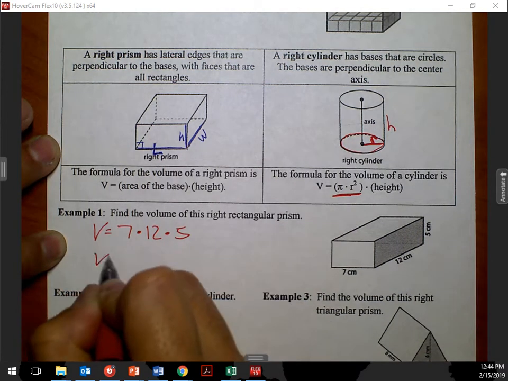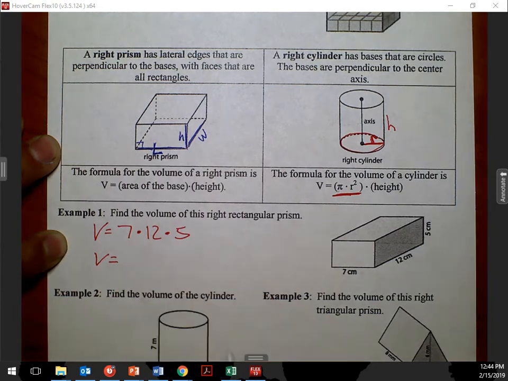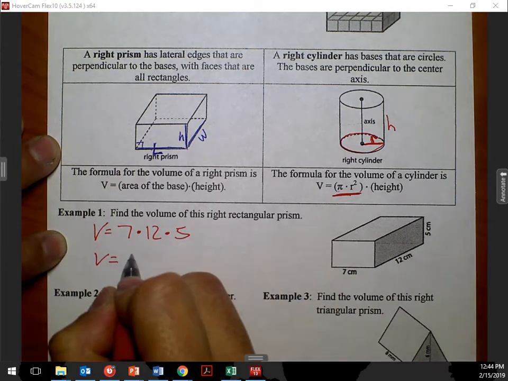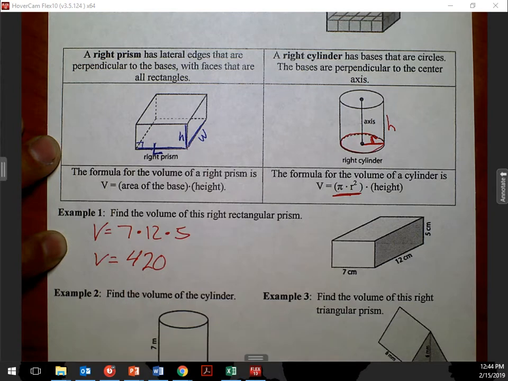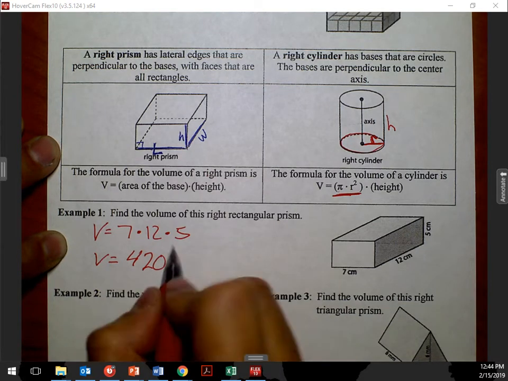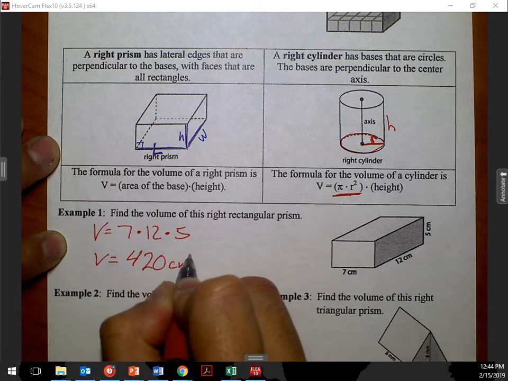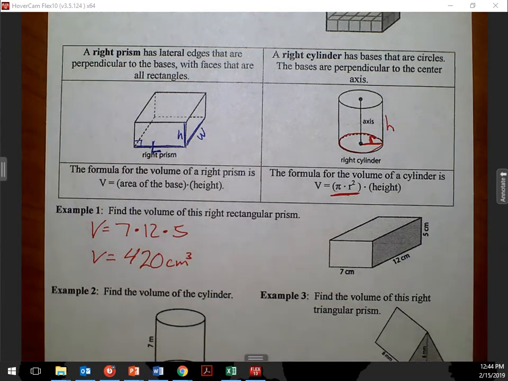Do your math, you're multiplying right now. What is it? 4, 2, 0, almost. Centimeters, centimeters cubed.